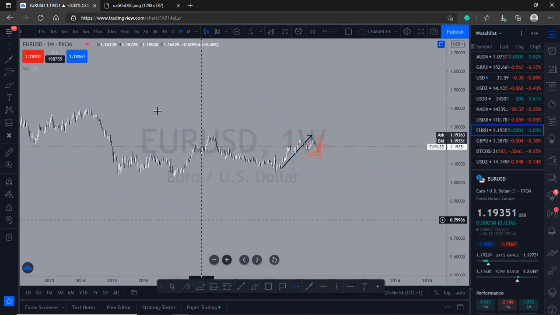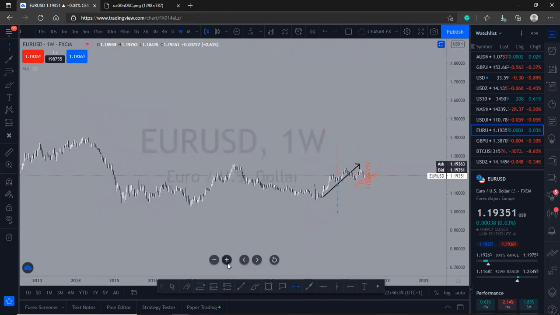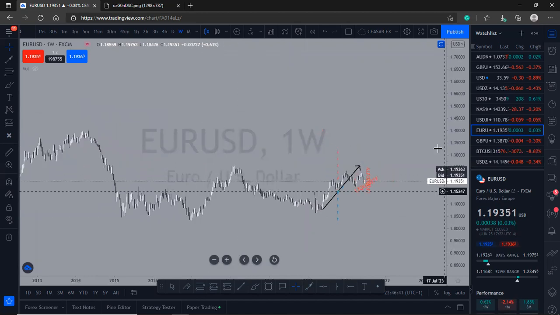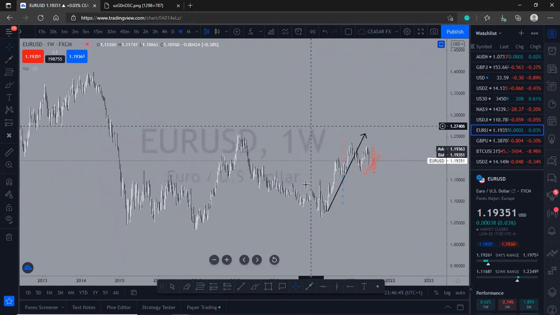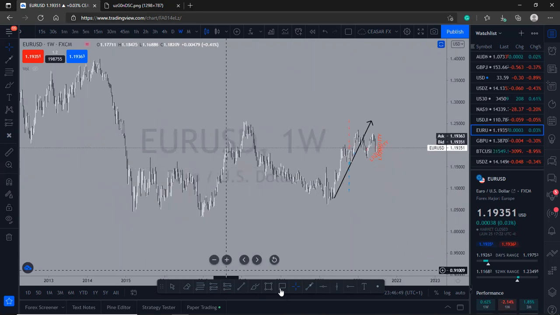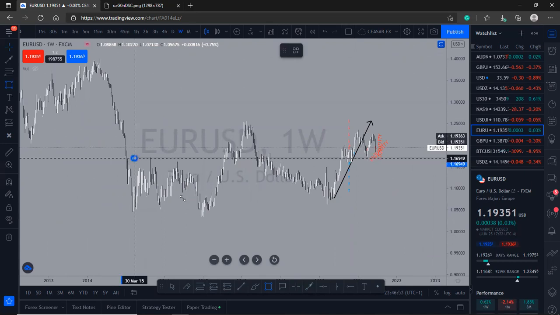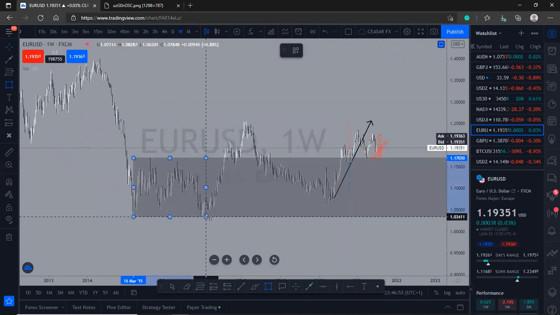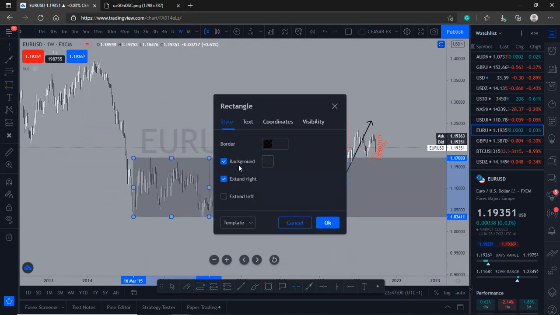Let me show you something here. There was a Wyckoff schematic, accumulation, somewhere here. Let me mark it up according to this box.